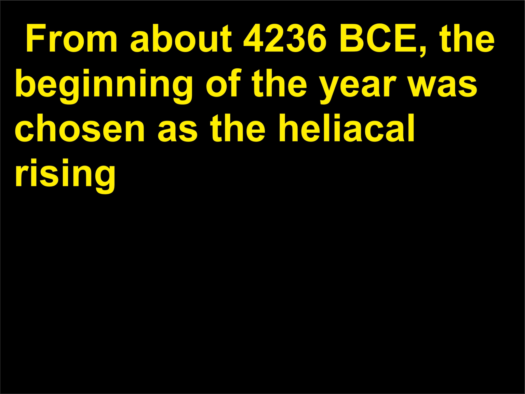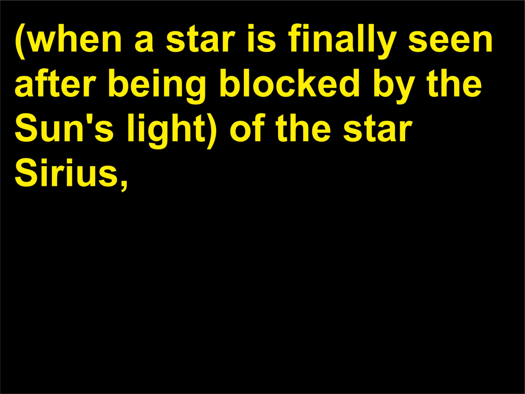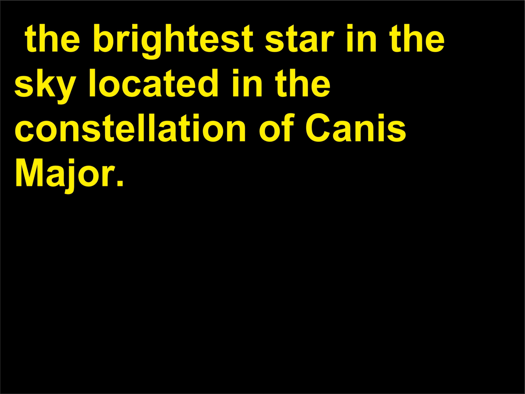From about 4236 BCE, the beginning of the year was chosen as the heliacal rising, when a star is finally seen after being blocked by the sun's light, of the star Sirius, the brightest star in the sky, located in the constellation of Canis Major.